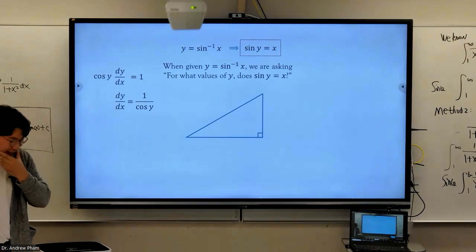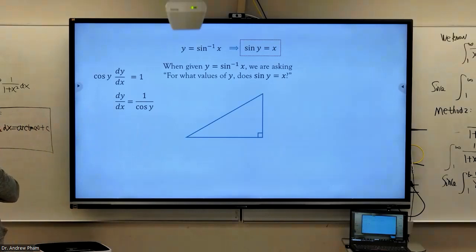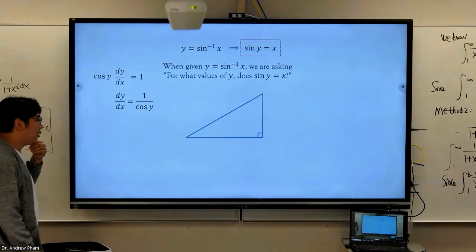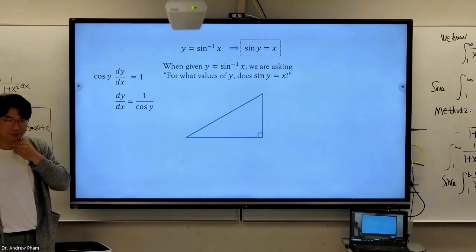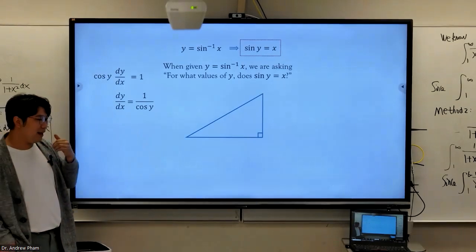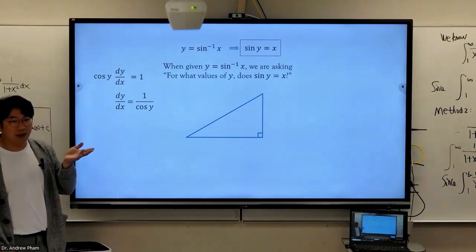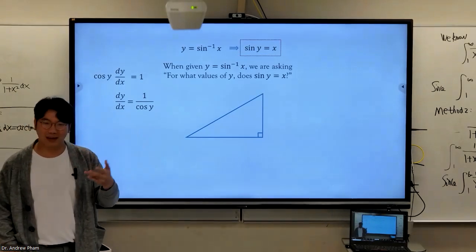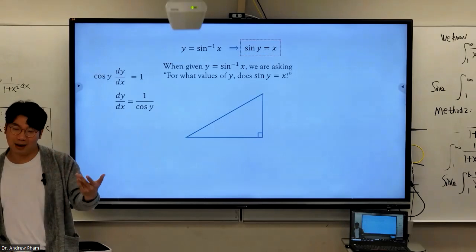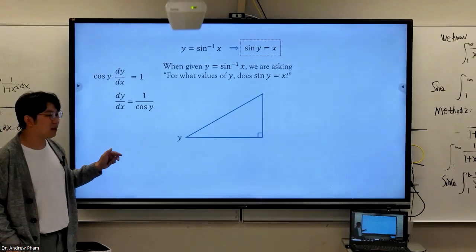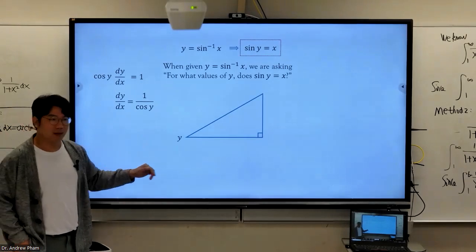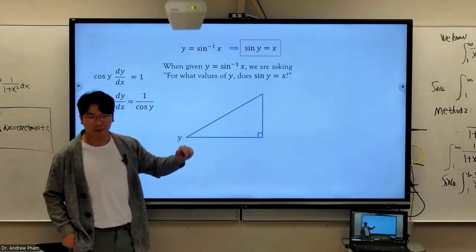So I have that sine of y is equal to x. In other words, if I take sine of an angle, I get this x value. So let me go ahead and use a right triangle, because we know the trig functions are highly related to right triangles. So if I label one of my angles y, because again, we have sine of y.